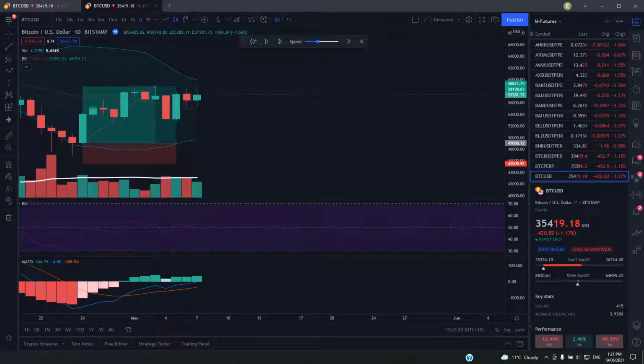So let's see. Sell signals. One, bearish divergence: price fails to reach top Bollinger Band, top Bollinger Band in downtrend when price is in uptrend.